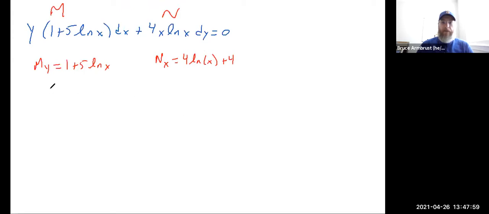Okay, so let's look at the two different possibilities, M y minus N x over N. So if I subtract those, I get natural log of x minus 3 divided by 4x natural log of x.